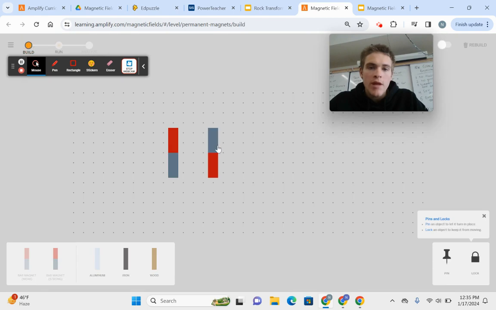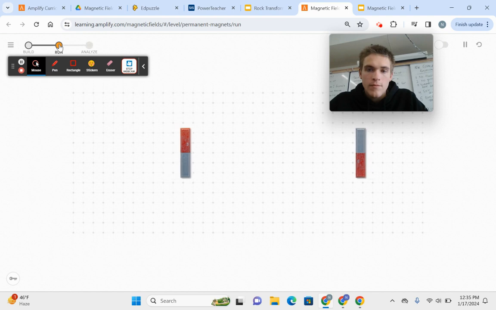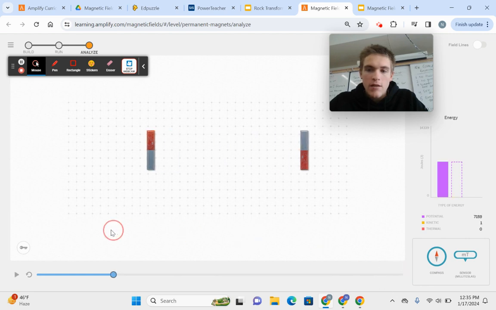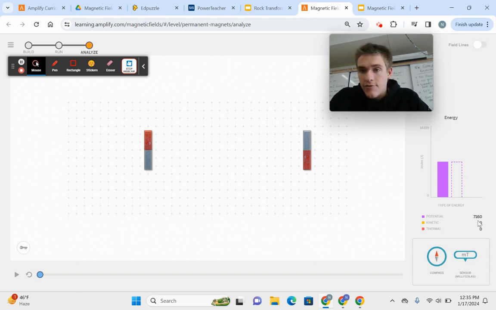But when I build them and I move them further away, at the very beginning, the potential energy is 7,160. So as I move the magnets further apart, what happened to the potential energy? Yeah, how interesting. In this case, when the magnets got further away, the potential energy increased instead of decreasing.